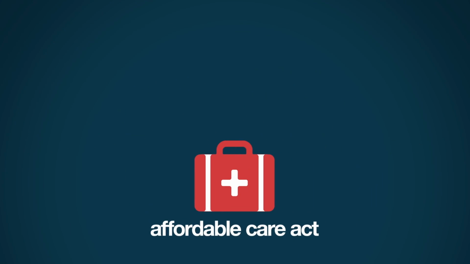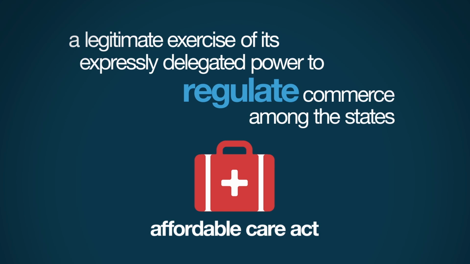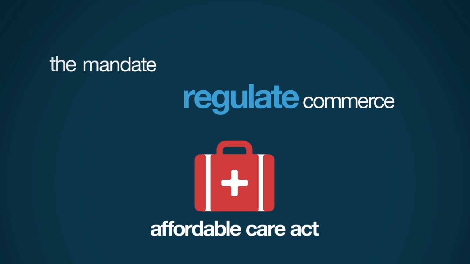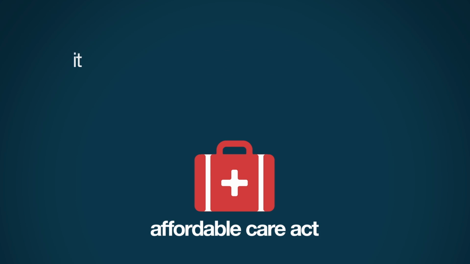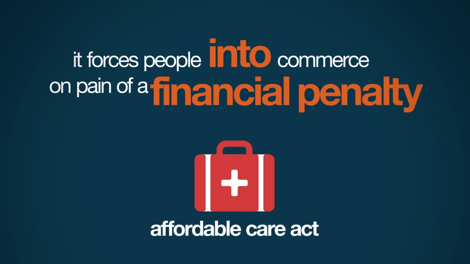The government defended this mandate as a legitimate exercise of its expressly delegated power to regulate commerce among the states. The trouble is that the mandate does not regulate commerce at all. Rather, it forces people into commerce on pain of a financial penalty.